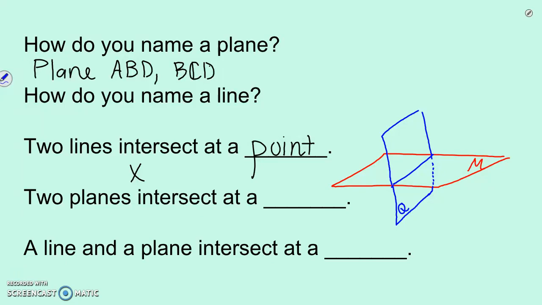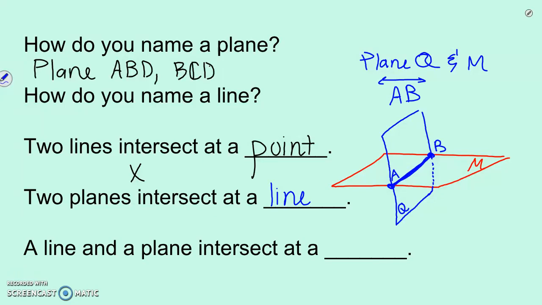So two planes intersect at a line, right? Because planes are infinite amounts of points going in multiple directions, and so they're going to intersect at an infinite amount of points, aka this line. So for example, if this was point A and this is point B, if the question asked you, where do plane Q and plane M intersect, we would say line AB.